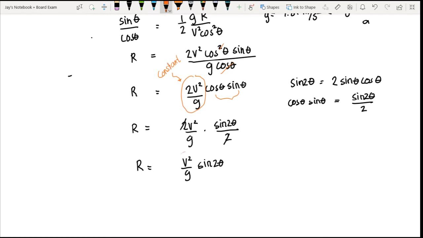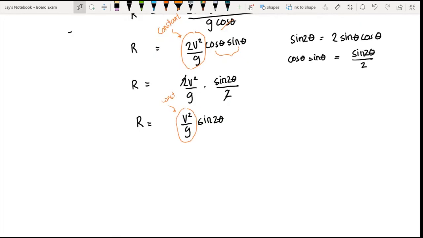Again, this v squared over g is constant. Now, in order to compute for the maximum range, we have to apply the maxima and minima concept from our differential calculus, in which in order to compute for the maximum point on the curve, we have to apply differentiation.